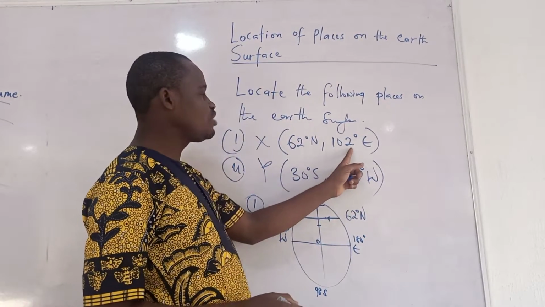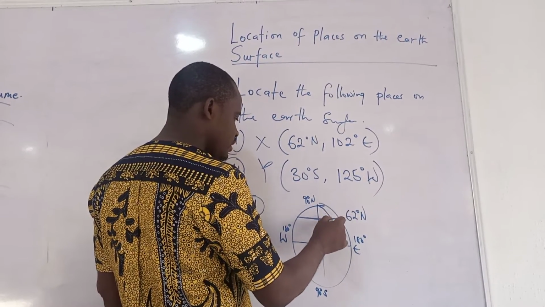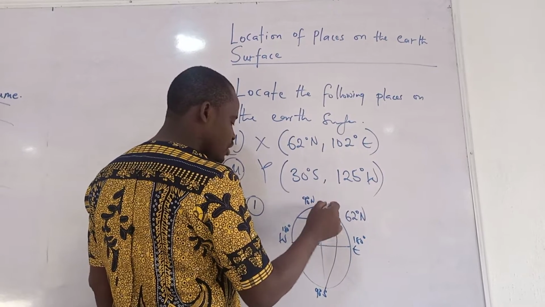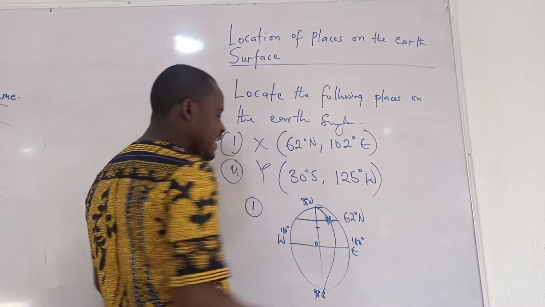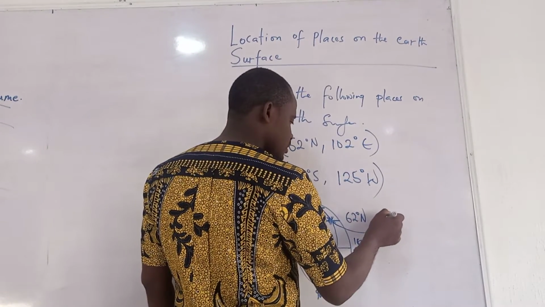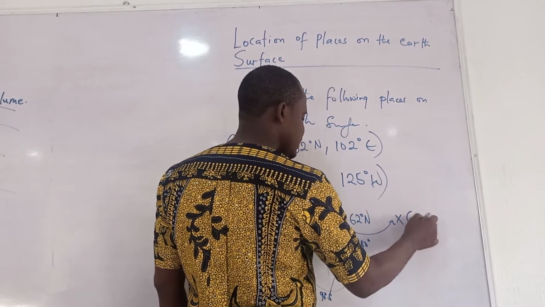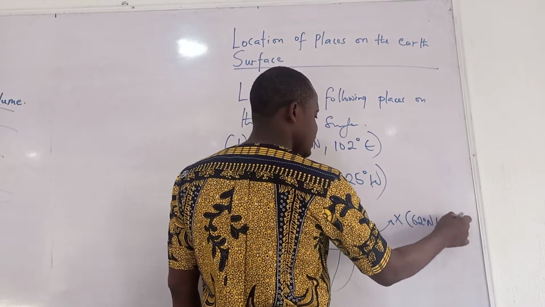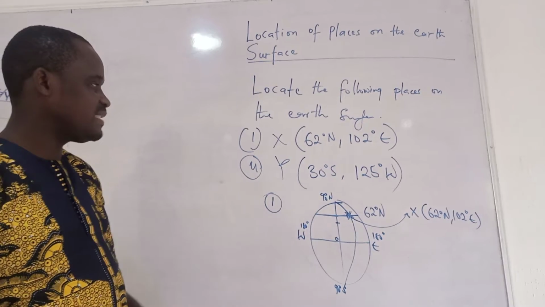Of course, 102 is greater than 90, so it should be ahead of this arc. So you can boldly say that your point X is here. If it is not clear enough, make a curve out and write X as 62 degrees north, 102 degrees east. That's how simple it is.